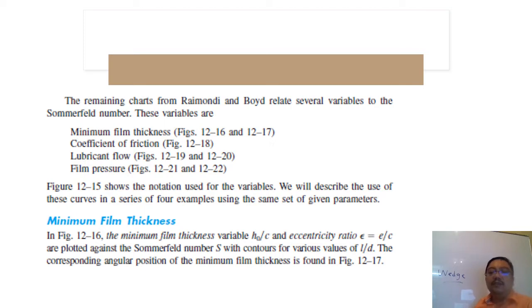Figure 12.15 shows the notation used for the variables. We will describe the use of these curves in a series of 4 examples. You do a lot of examples. This is a lengthy video. Minimum film thickness variable h0 over c and eccentricity ε are plotted against the Sommerfeld number with contours for various values.